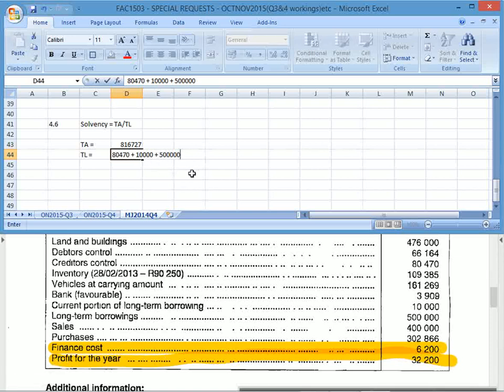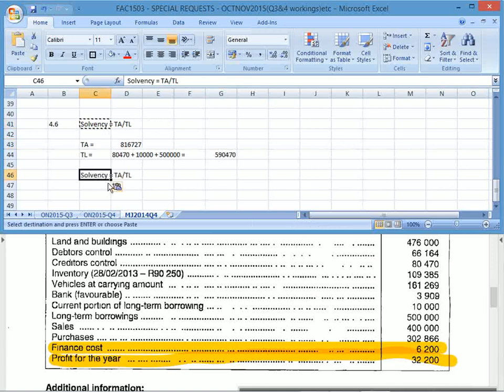So that's it. Add all of that up. You get that. So that's your total assets over your total liabilities. So solvency is therefore going to be 816,727 divided by 590,470 equals 1.38.